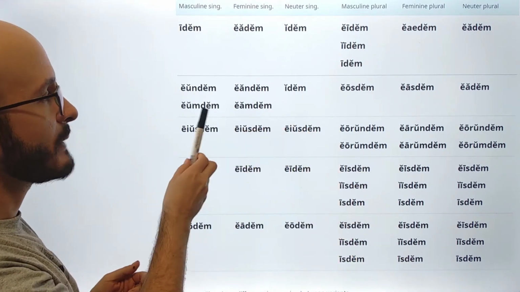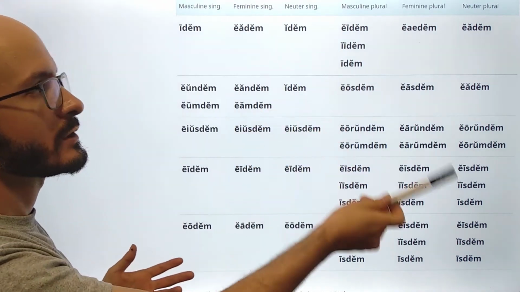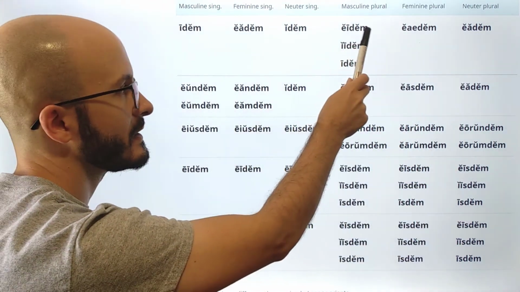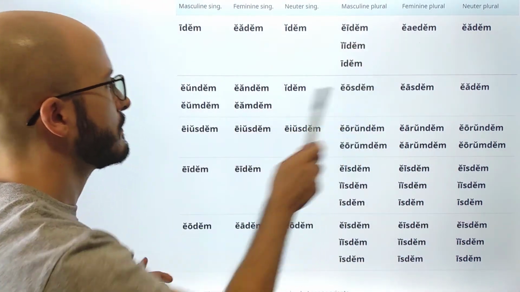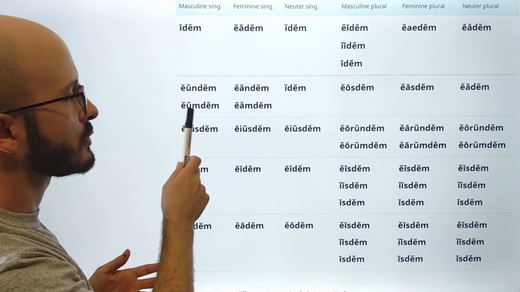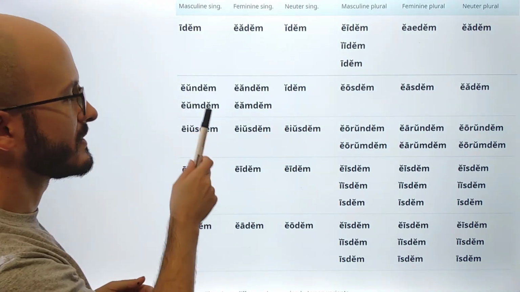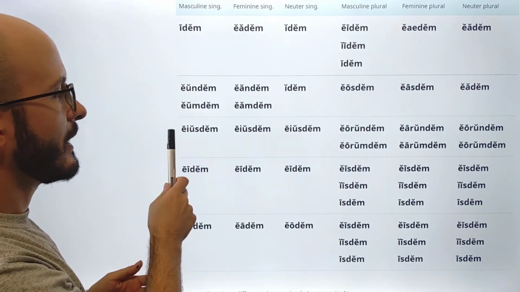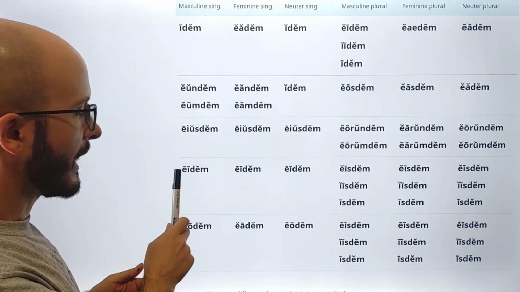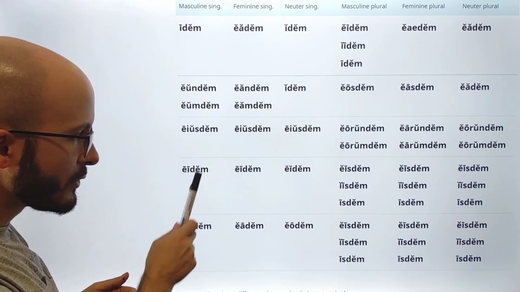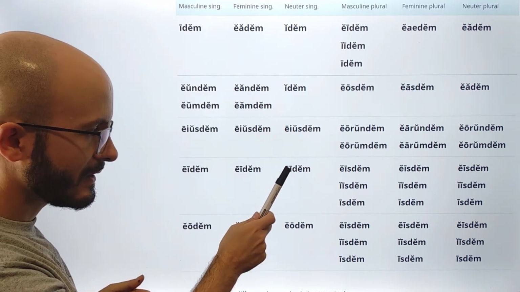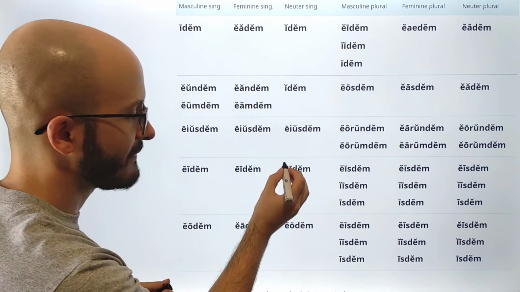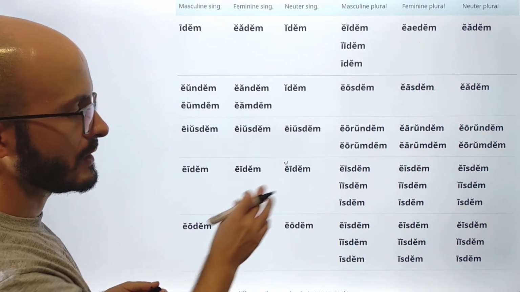Again, what we can expect. So for example, and here notice also the variants, so eadem, idem, idem, eundem, but also eumdem, which is actually what we would expect more. Then eiusdem, of course, eadem, and here also notice that this is irregular, because we would have expected this e to be short.